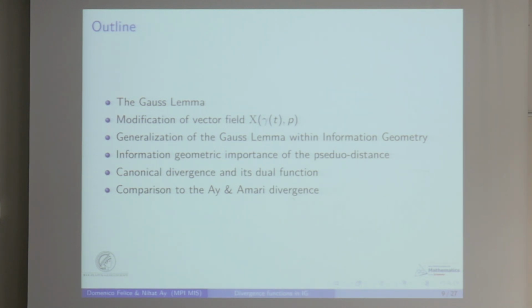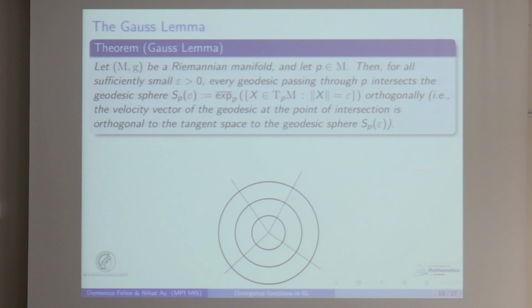Let us start with the well-known Gauss lemma. What does it say? If you consider P and a very small epsilon as the radius of a geodesic sphere, the Gauss lemma claims that all the geodesics passing through P intersect the geodesic sphere orthogonally.